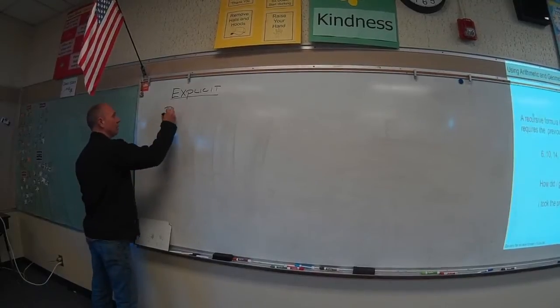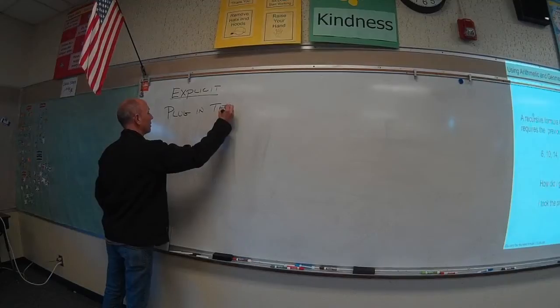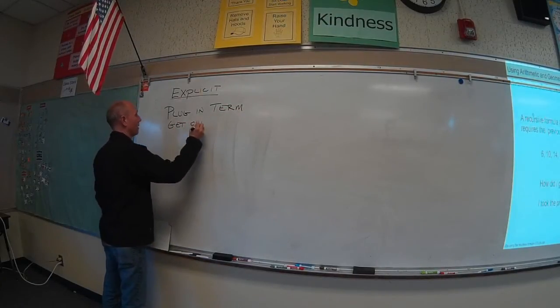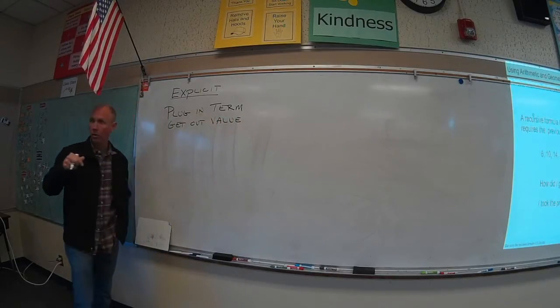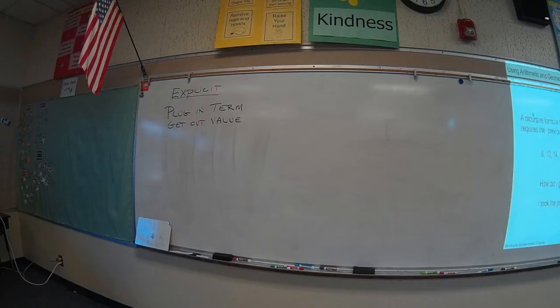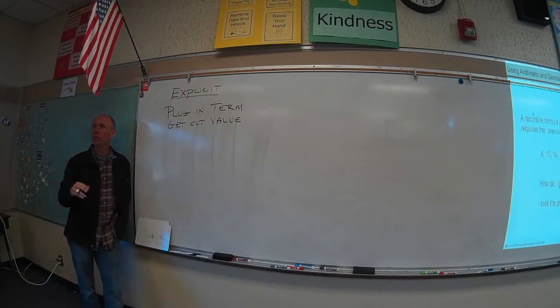I plug in the number and out comes the value. That's the explicit formula. It does exactly what it's supposed to do. It's what you dealt with yesterday, plugging in 1, 2, 3, 4, getting out the terms.